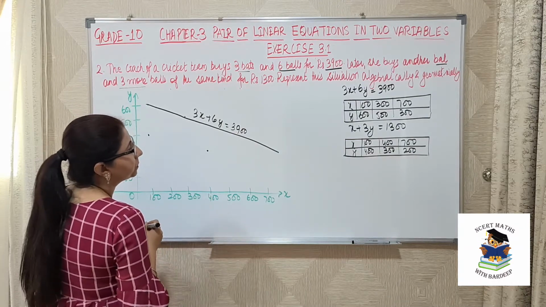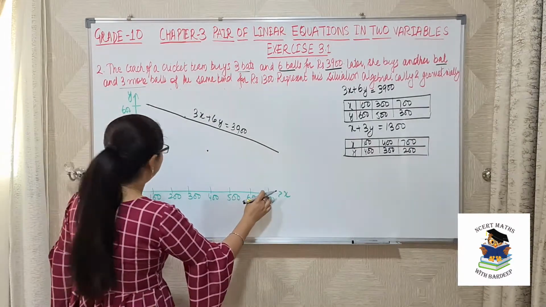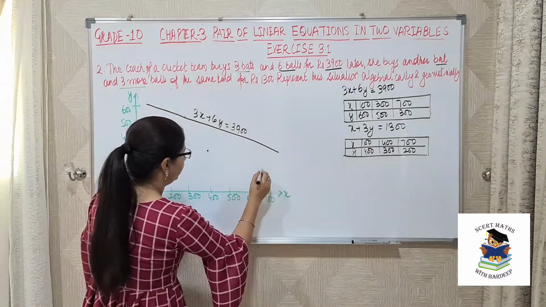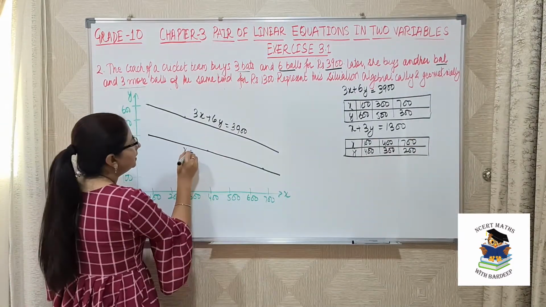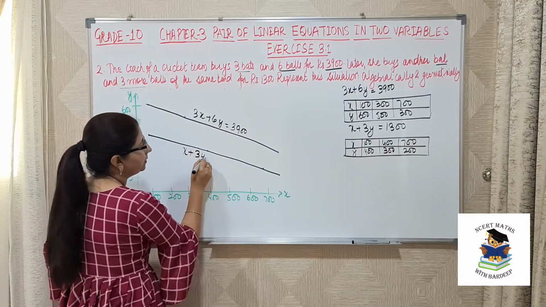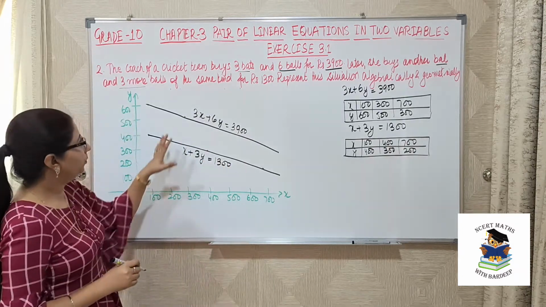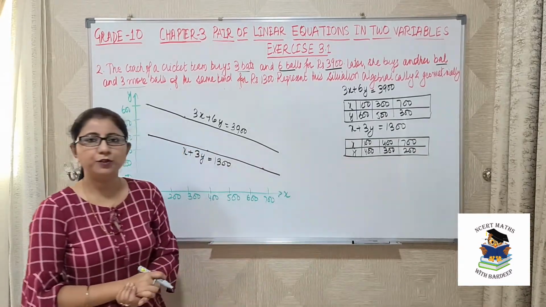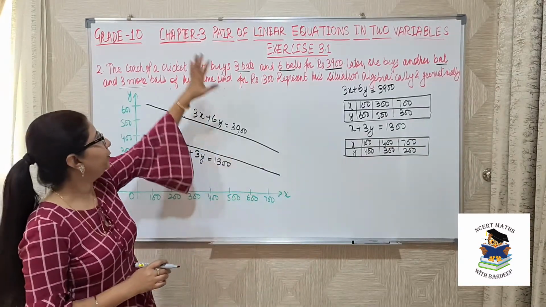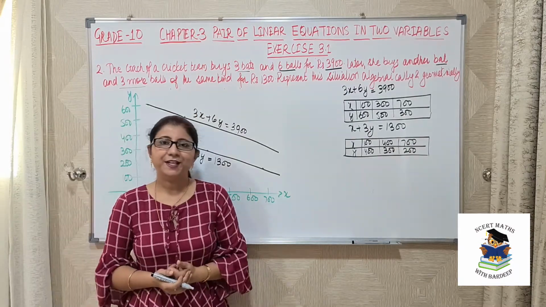And for 700, this is 200. So here. So this is a straight line for second equation. Okay. So I hope this is also clear how to draw a graph on the basis of the equations that we have framed from our word problem. So this is our second question.